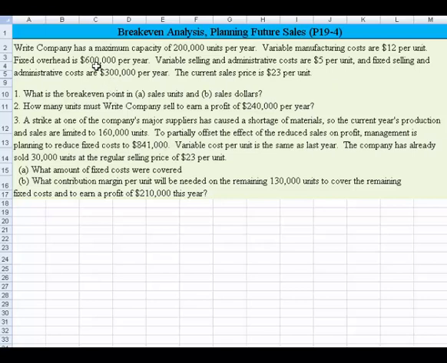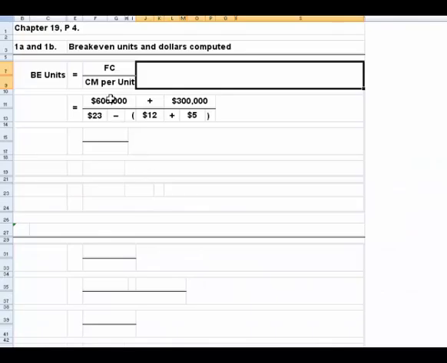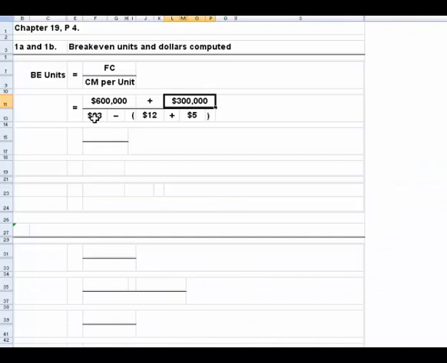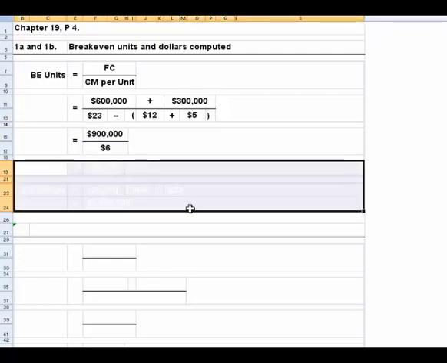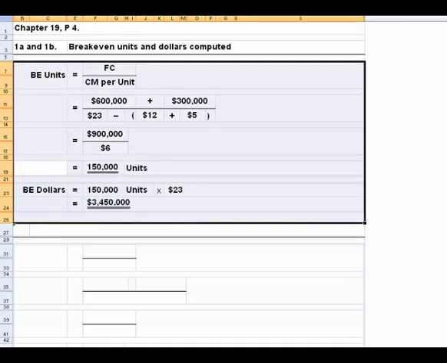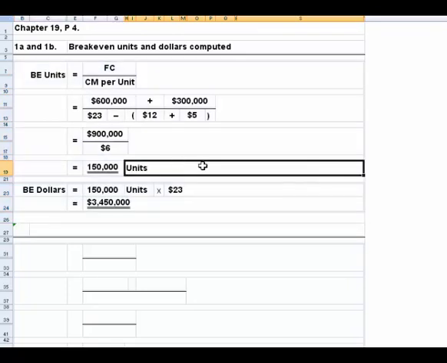So the fixed overhead was $600,000, and the fixed administrative cost, which you can think of as a fixed cost, was $300,000. So we add the two fixed costs on top. We take the sales price less the variable cost, combine them on the bottom, and we are able to calculate that break-even is equal to 150,000 units.